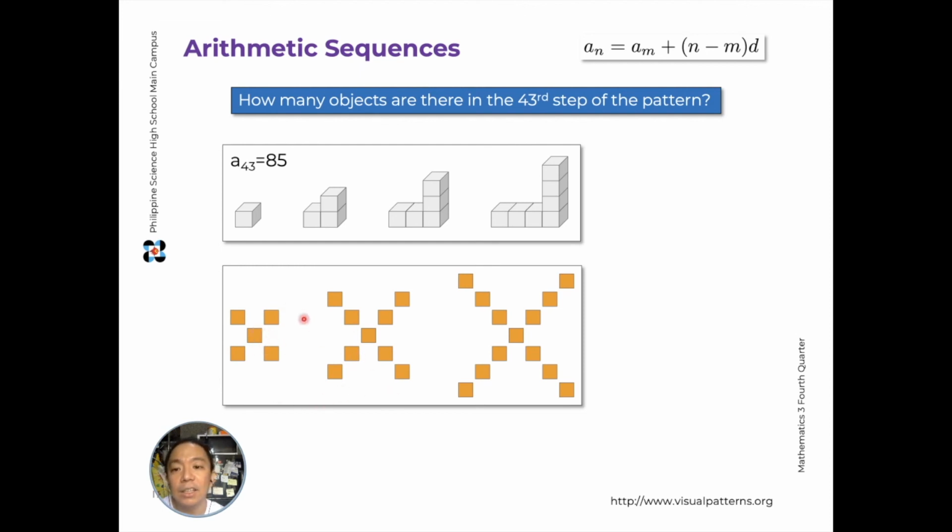The initial value or the first term is equal to 5. So translating this dun sa language natin, the 43rd term, b sub 43, is equal to 5 plus 43 minus 1, 42 times 4. So 42 times 4, that's 168, plus 5, 173. So that's it for now sa arithmetic sequences.